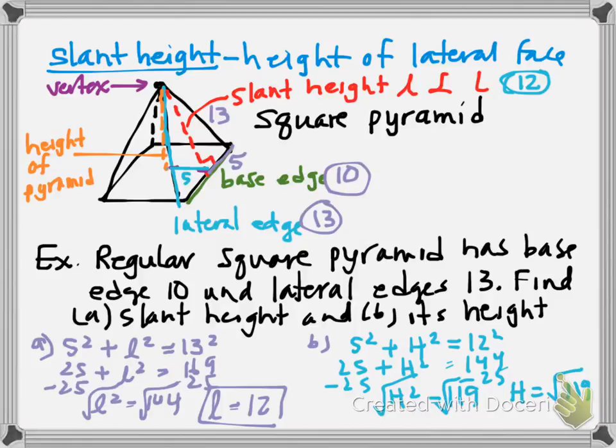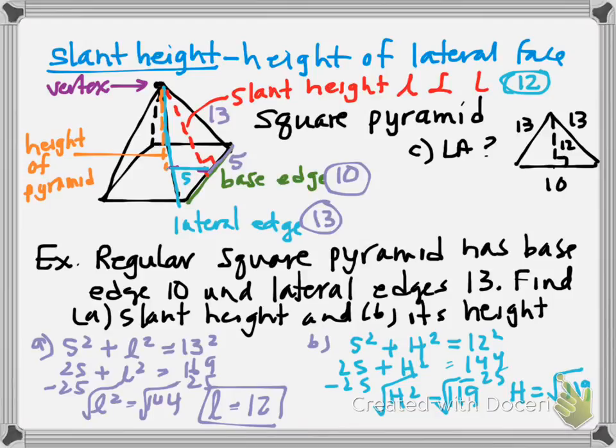So keeping it on the same page, let's figure out the lateral area. All we're going to focus in on now is one face. That is 13 here, 13 here, 10 here, and 12 here. We've calculated that all from the prior examples.